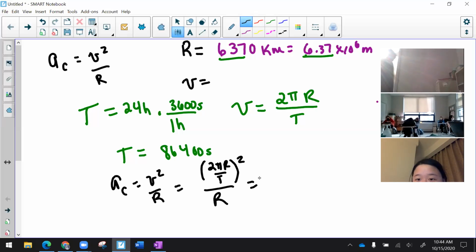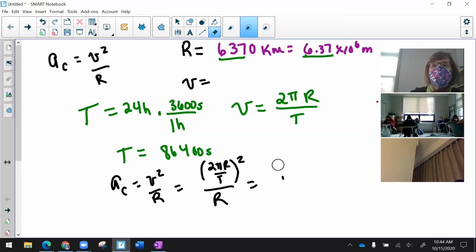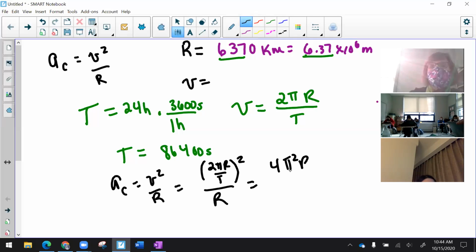Okay, and so this is going to give me 4 pi squared R over T squared. And before you ask me why the R isn't squared, think about it yourself. And then we can substitute everything in.